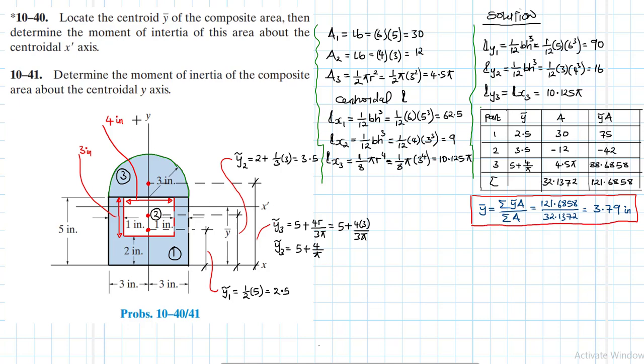So we found what y bar is. So y bar is equal to 3.79. So since we know what y bar is, we need to find centroidal moment of inertia about x prime. So we know y bar, but we need to find those new distances from those particular areas to the centroidal x prime.